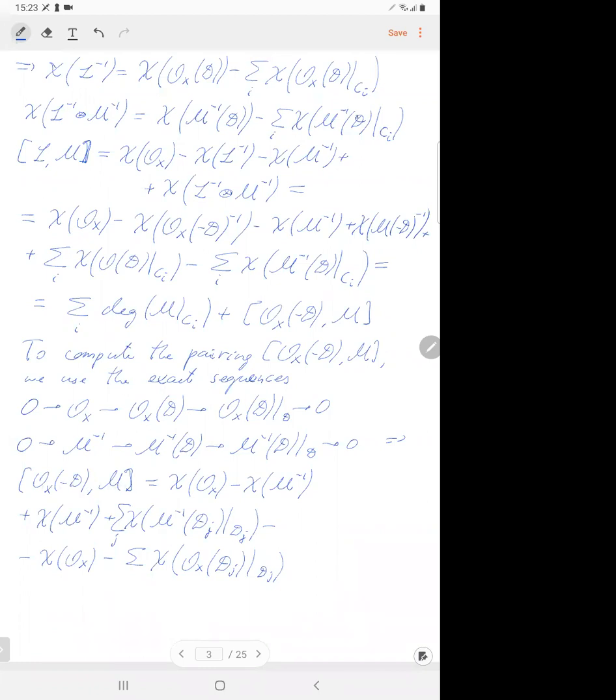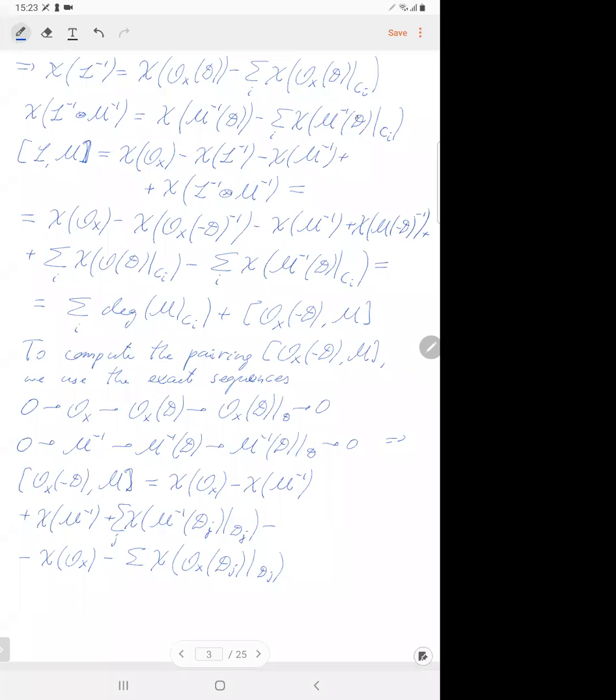So it's M inverse of D, and we compute its Euler characteristic from the second exact sequence. Okay, so we get those things. And where does the second sum over the restriction in the second line come from? It's just from the second exact sequence. Okay, fine.